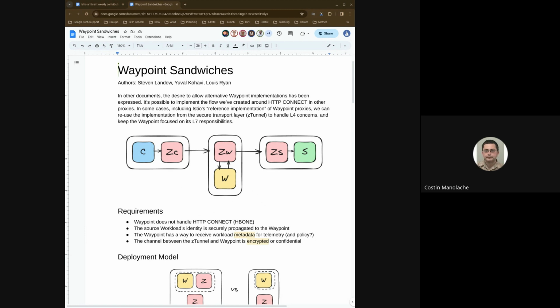So we have the certificate JOT. For example, it makes sense to say things like the waypoint has to verify that this server is what it claims to be, like the service account. But with this picture, there's no way to verify that because that information is lost.